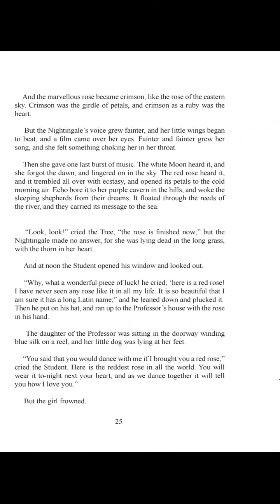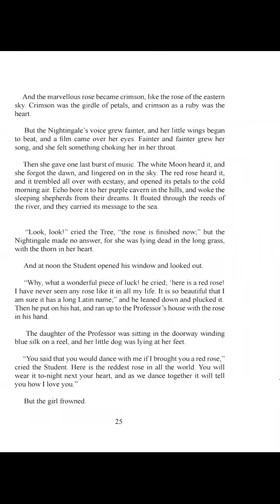Now, after the thorn pierced deeper into the nightingale's heart, the rose is becoming crimson red. Like the rose of the eastern sky, crimson was the girdle of petals, and crimson as the ruby was the heart. Ruby is a gem. Girdle means something that surrounds, so things are surrounded and it's becoming reddish.